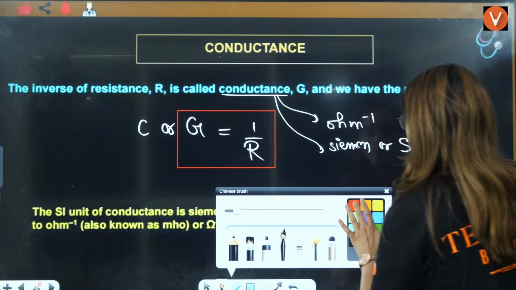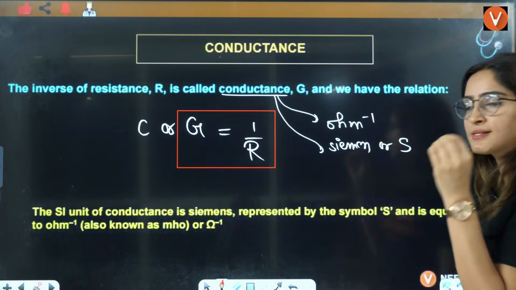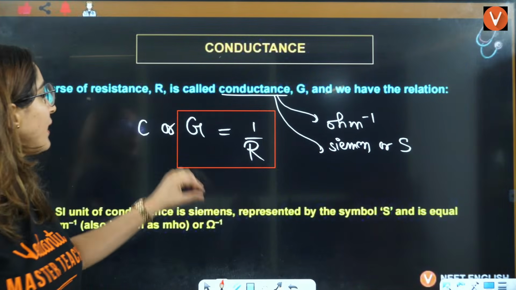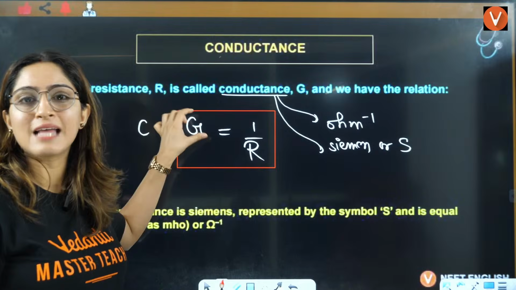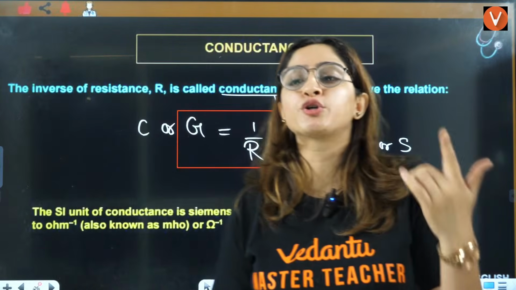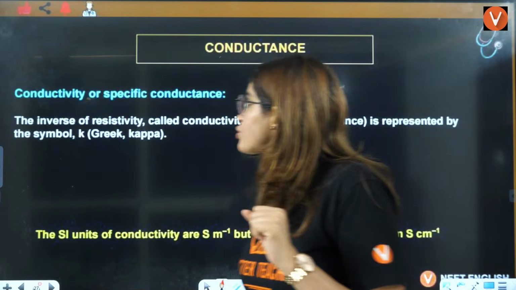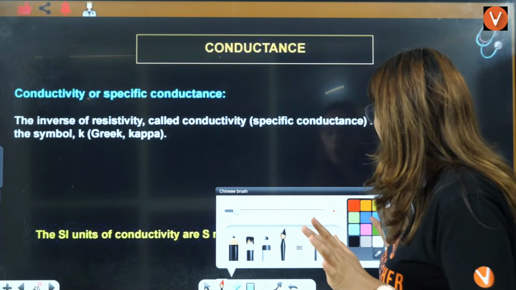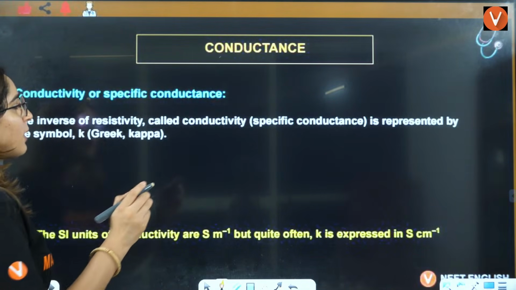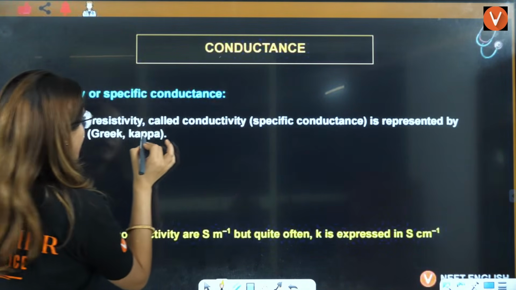Yes, the unit is Siemens, that is definitely represented by capital S. But conductance is represented by capital G or capital C, that is the opposite of the resistance. Now let's talk about what is conductivity or specific conductance. That is represented by kappa.